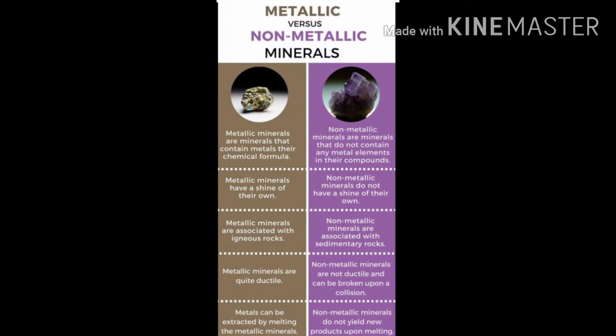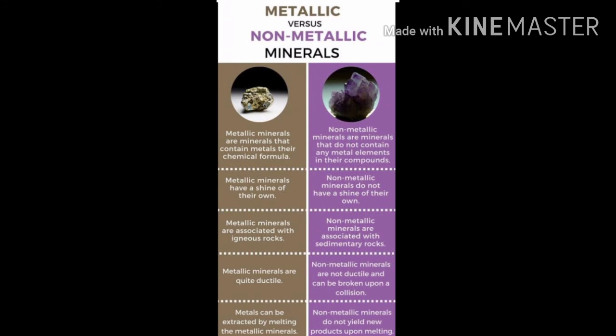Non-metallic minerals do not have a shine of their own. Non-metallic minerals are associated with sedimentary rocks. Non-metallic minerals are not ductile and can be broken upon a collision. Non-metallic minerals do not yield new products upon melting.